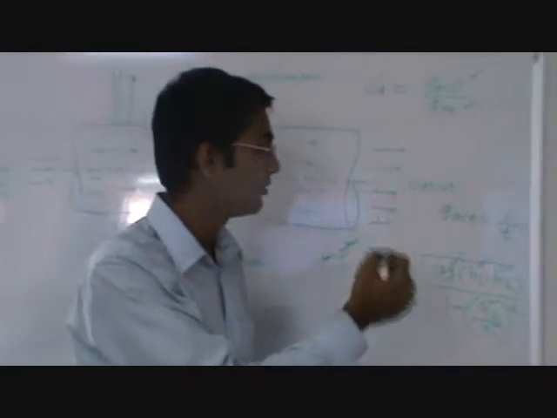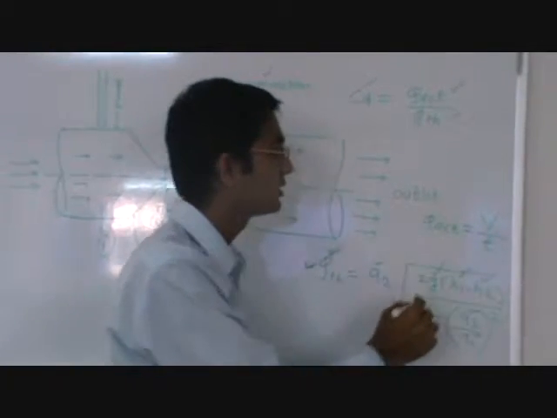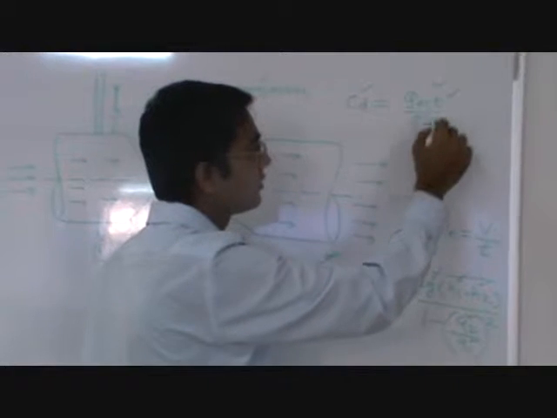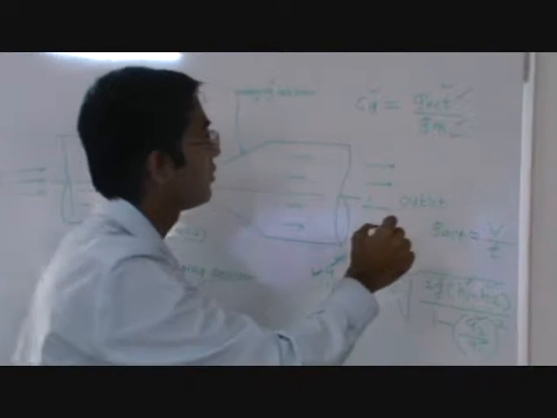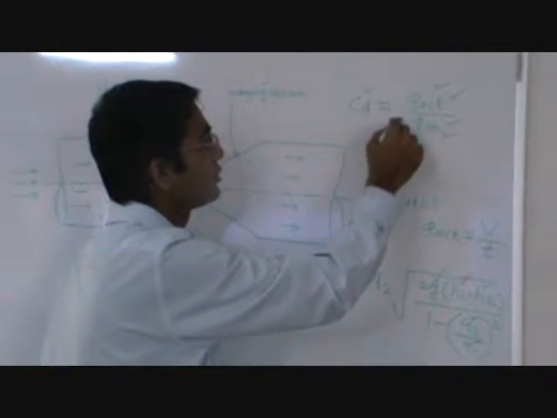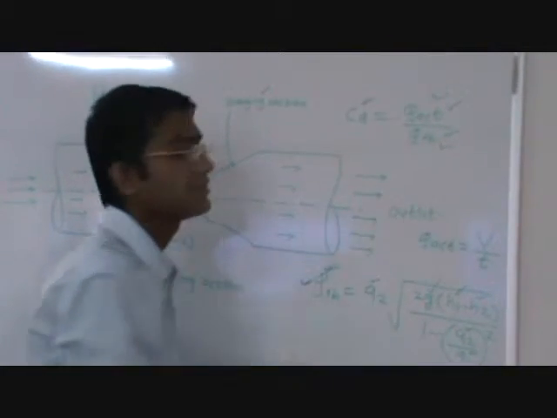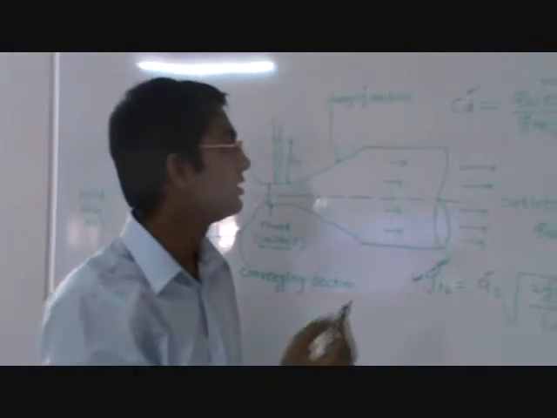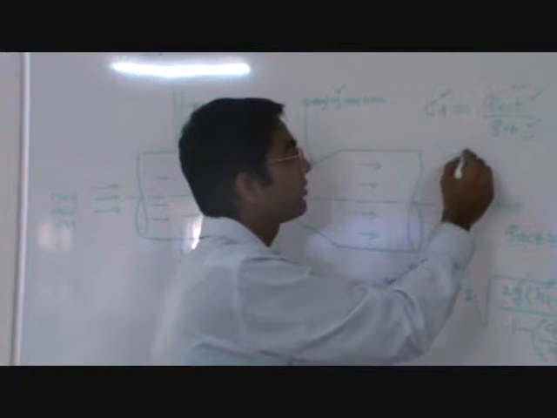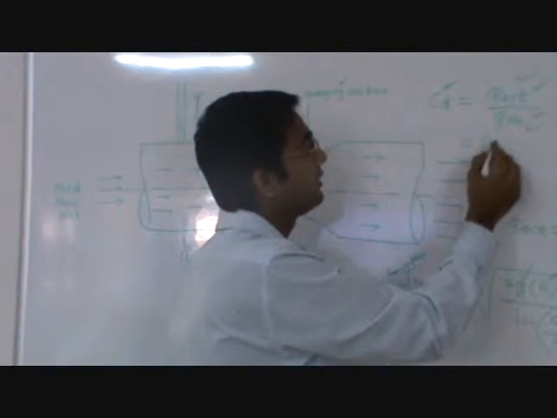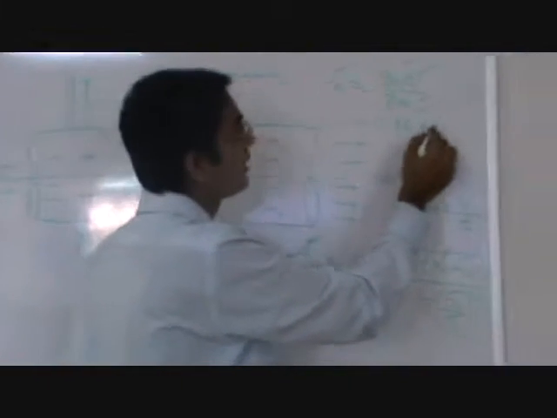That volume divided by time is nothing but Q actual discharge. So we know Q actual discharge, we know Q theoretical discharge. If we divide these two, we get the coefficient of discharge, CD. The value of CD ranges from about 0.96 to 0.98.